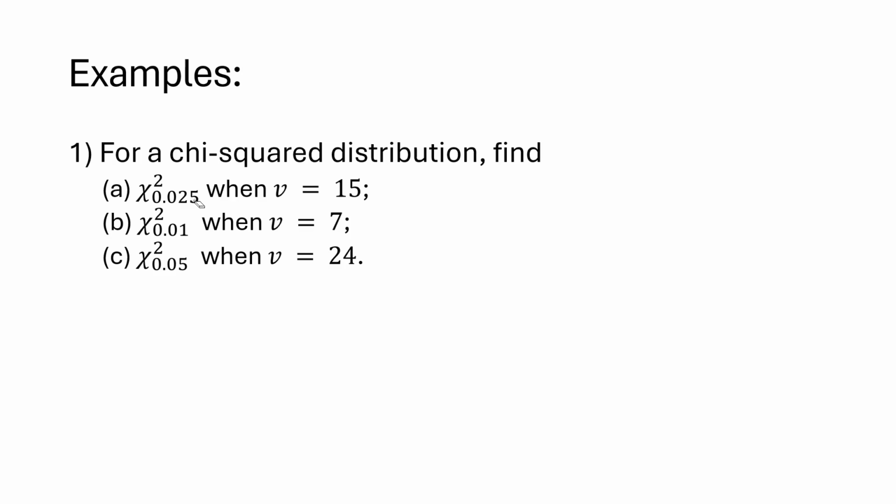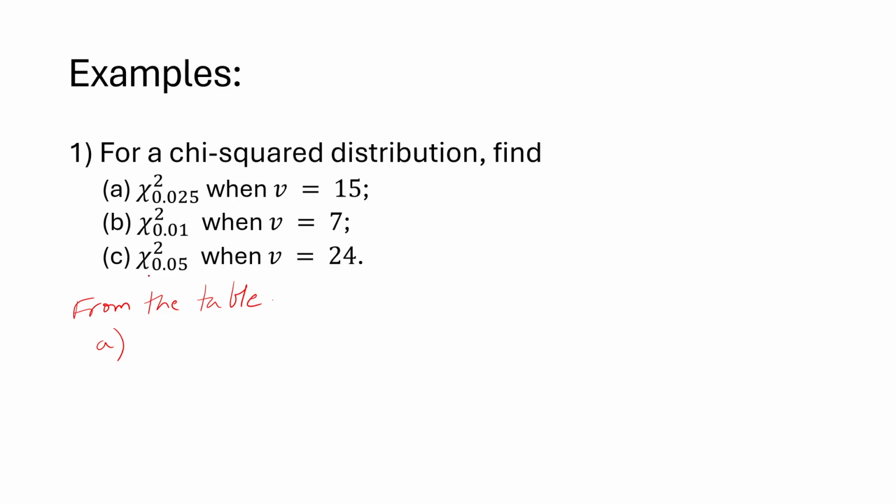In other words, this is 2.5% area, this is 1% area, and this is 5% area to the right. Directly we'll get the answer from the table.